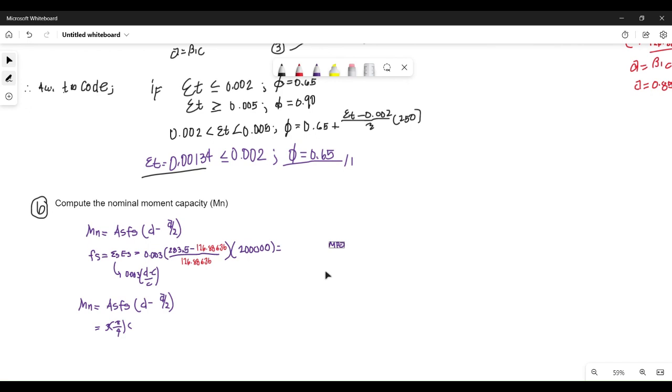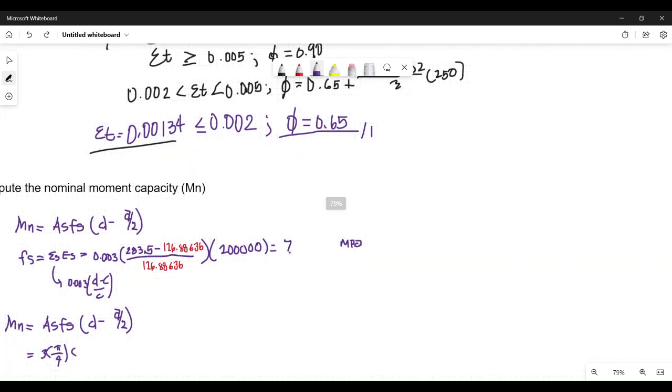So this is 126.88636. Your Fs here is 740.5696 MPa.